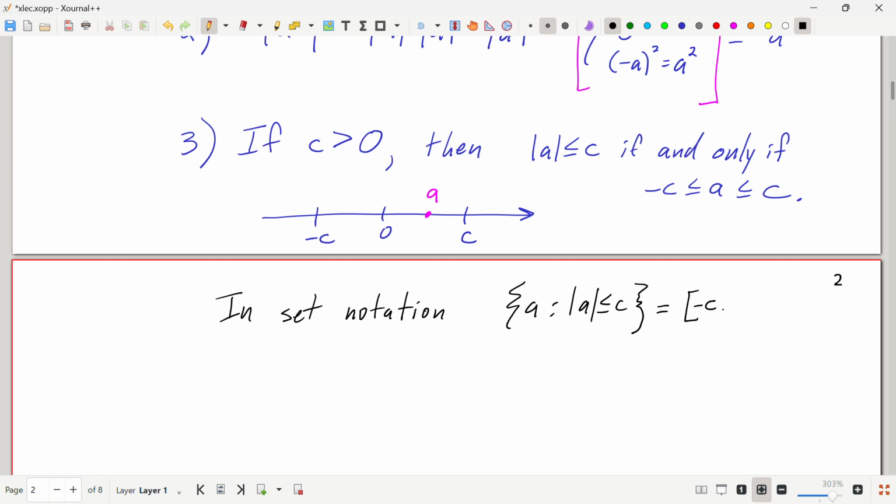It's the closed interval from minus C to plus C, including the endpoints. Okay? When you want to show that two sets are equal, it's very much like the if and only if thing. You want to show if something is in the left-hand side, then it's also in the right-hand side. That would show as a subset. And to get equality, you got to do the subset the other way. So you start with something in the right-hand side and have to show it's in the left-hand side. Okay?